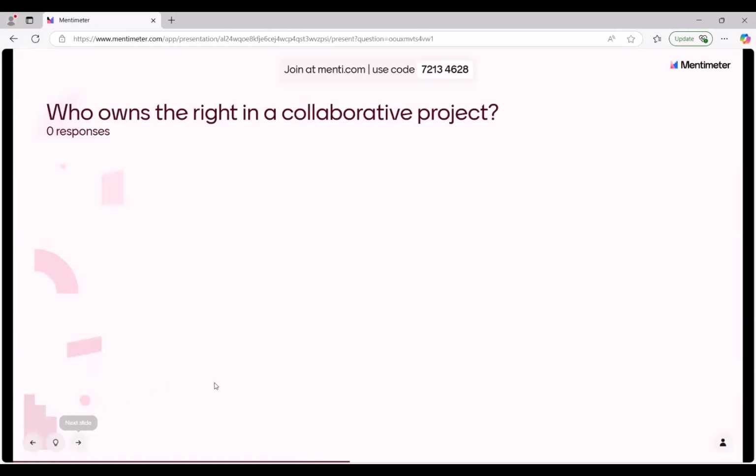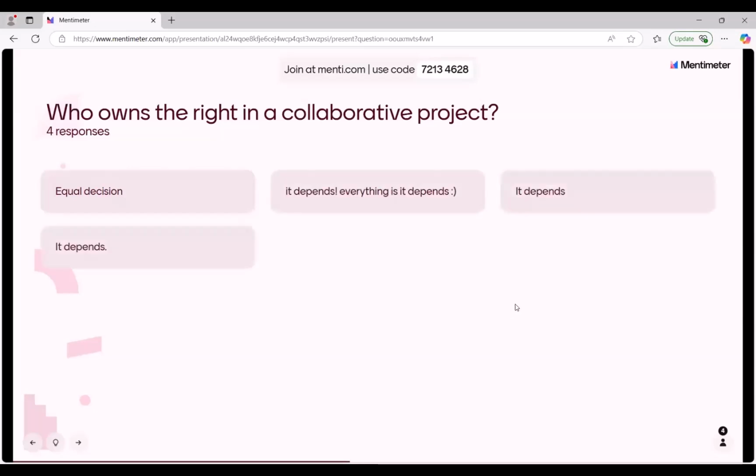And I think that's the last one. What do you think? Who owns the right in a collaborative project? That's, I think, an open-ended one. Equal decision, it depends. Everything is it depends. That is right, I think. The best answer.